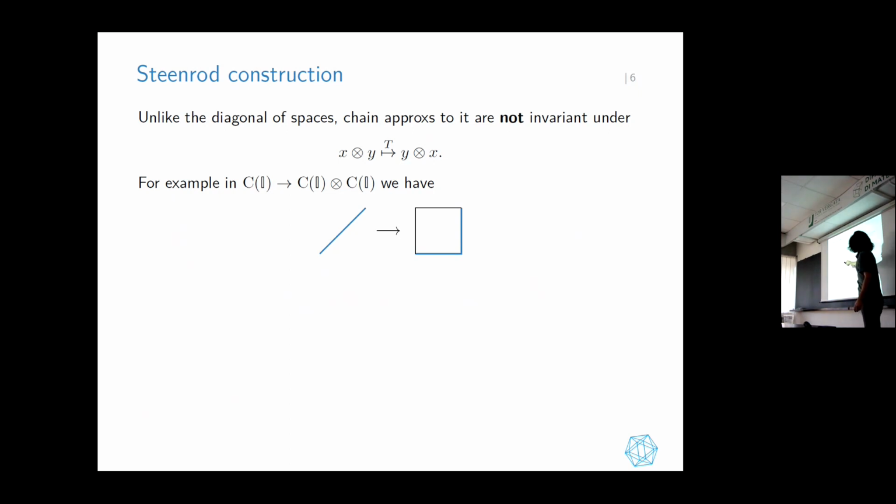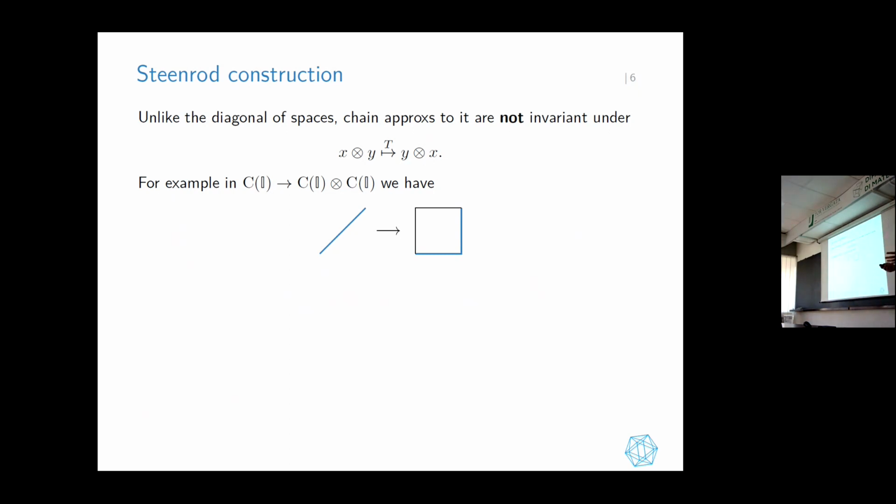Since I'm illustrating here the chain approximation to the diagonal of the interval, this one-dimensional generator in the domain is sent to the sum of these two generators, because there's no generator here in the middle. That would be what we send it to at the level of spaces. But when we pass to chains or cell structures, we break that symmetric property.